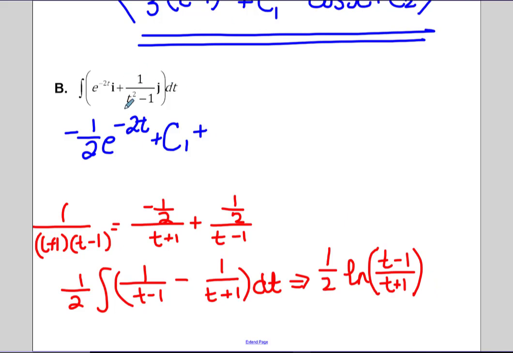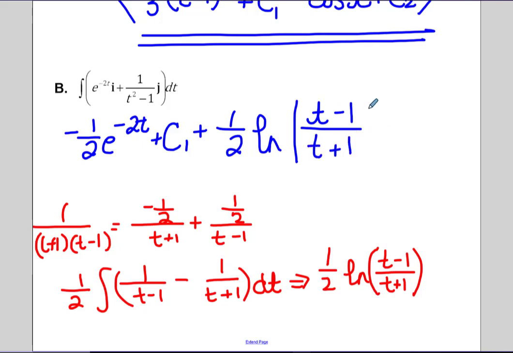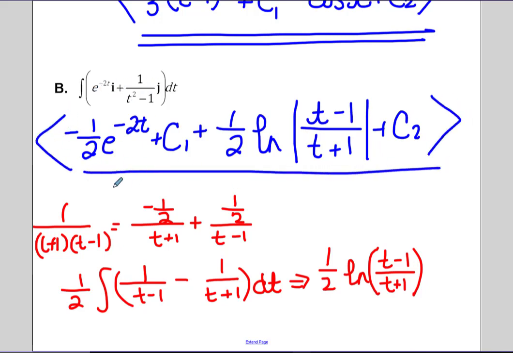So we've got plus 1/2 natural log, absolute value, t minus 1 in the numerator, t plus 1 in the denominator, plus a second constant. So we've got this for our indefinite integral for part B.